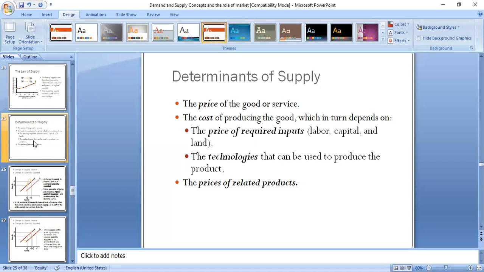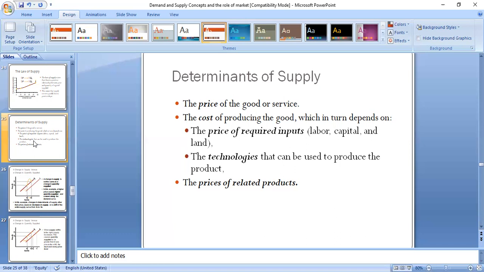So the higher the cost of these inputs, the lower the output will be, because it will be costly for these producers to actually produce, right?